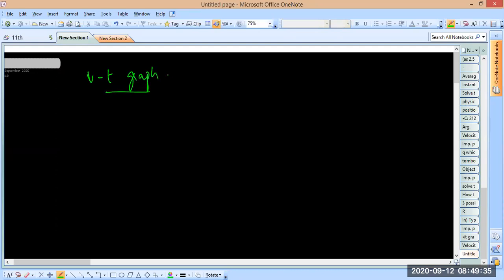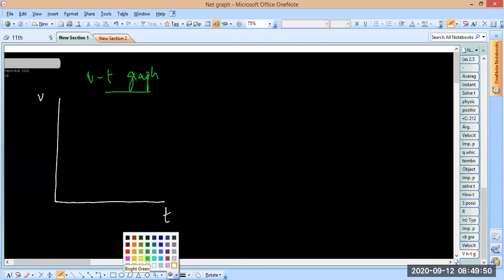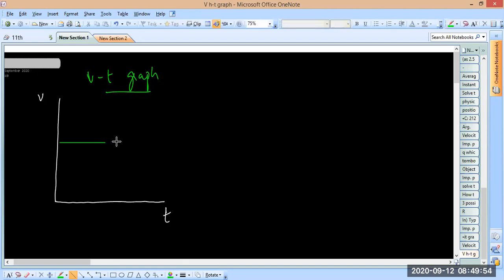Okay, let's start. First of all, I'm going to talk about a simple situation. Let's say that here the VT graph is, suppose, a horizontal line.